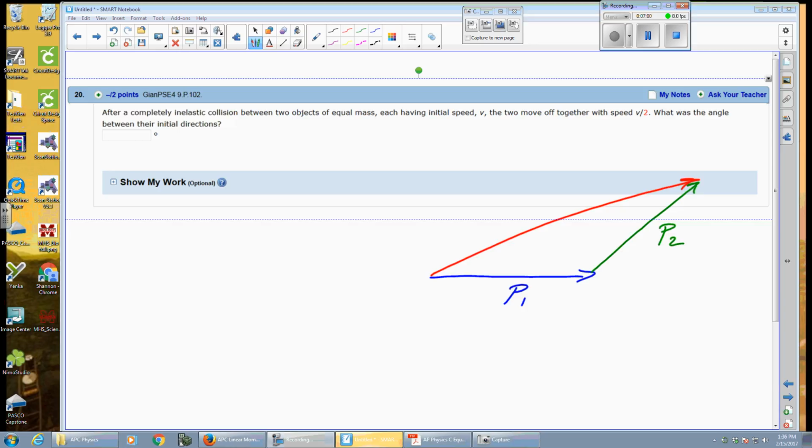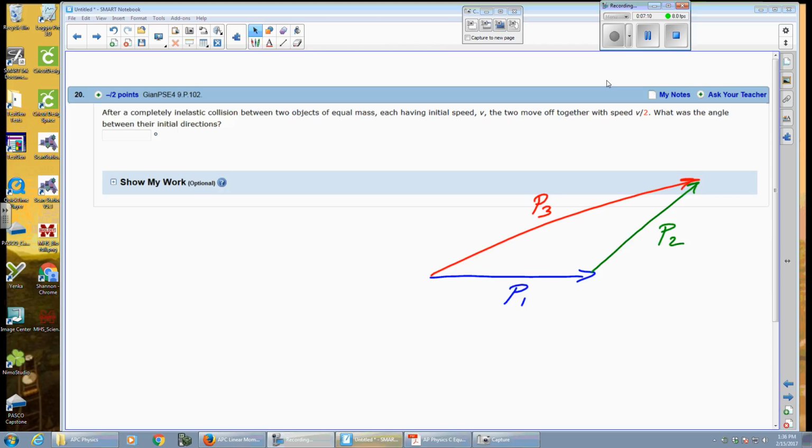And this will be the momentum of object 3, let's say. The thing to be careful of is that while these momenta are in the same direction as their velocities, the velocities would not form a triangle like this.